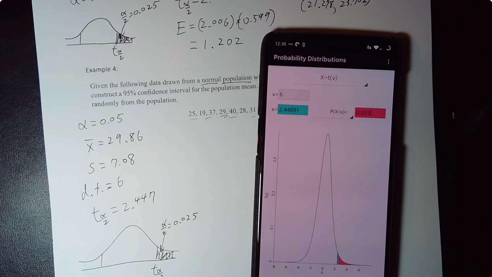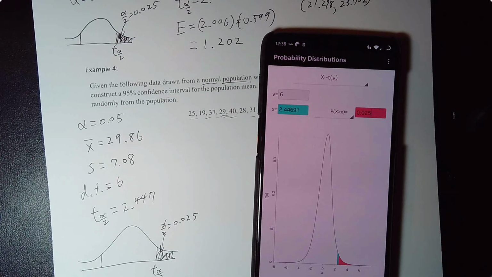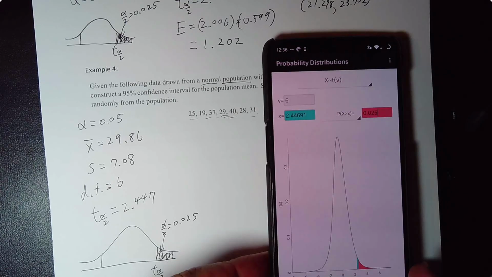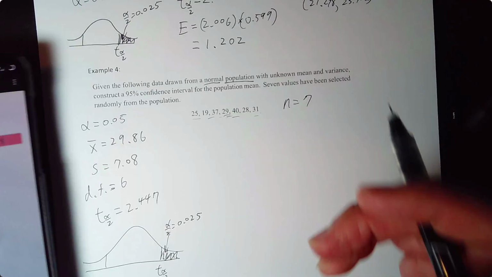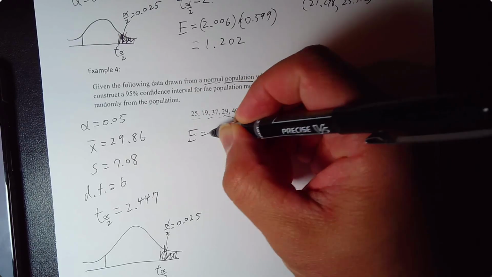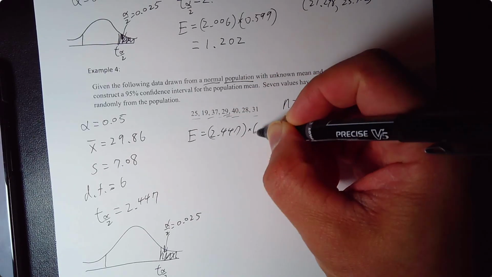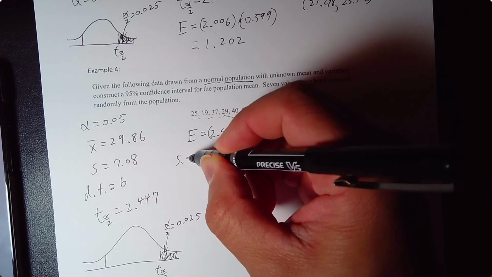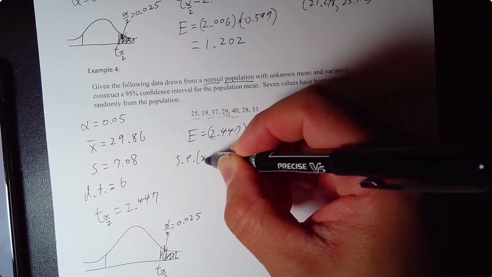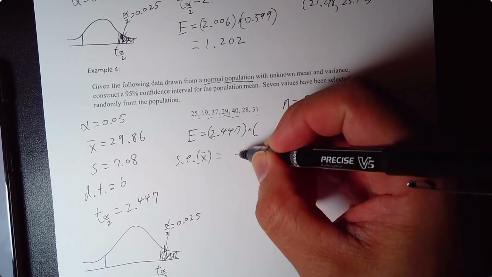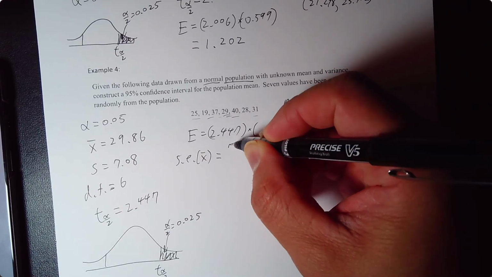Okay, so I have everything I need. First, calculate the margin of error. That's 2.447 times, oh, I need my standard error. Excuse me, forgot to calculate that. I don't have sigma, so I'm going to use the sample standard deviation as an approximation.